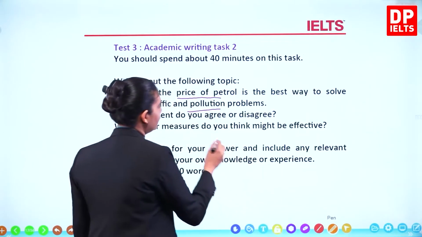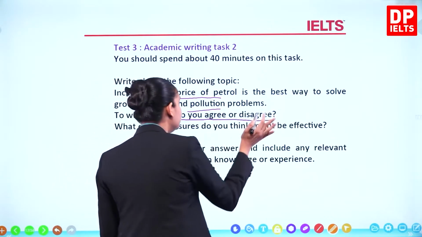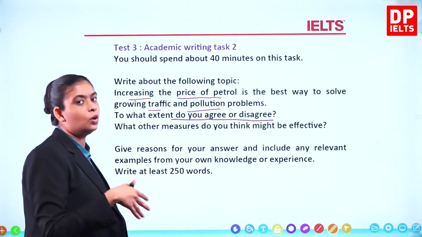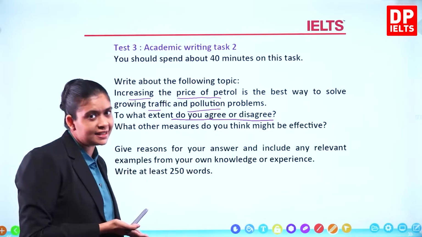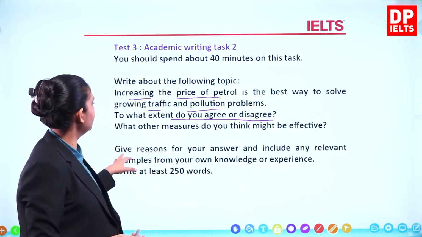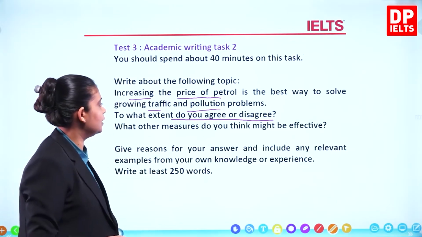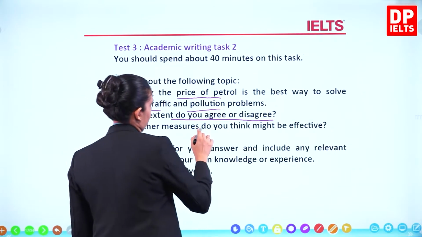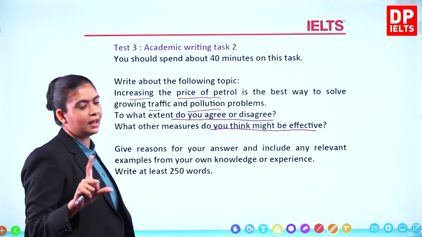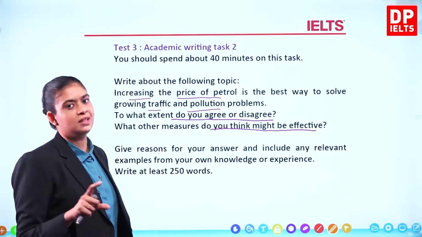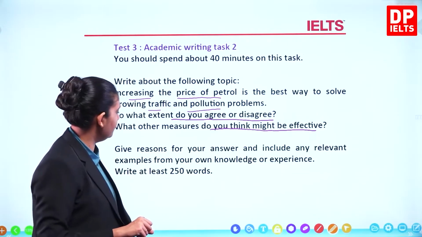So you can either completely agree or disagree, or you can partially agree or disagree, or you can agree to a greater extent, okay? And then what other measures do you think might be effective? Right? So this is like a direct question again, blended with an opinion or argumentative style essay, okay?